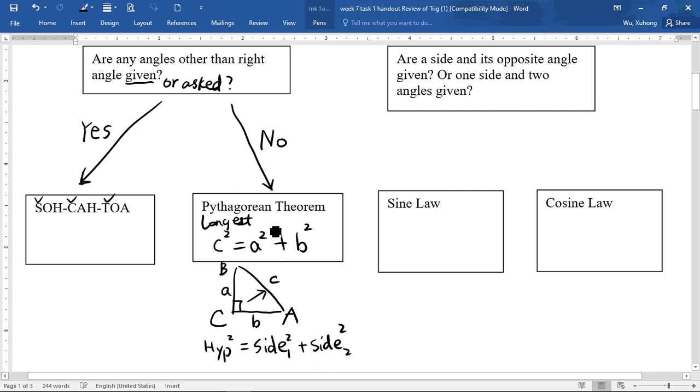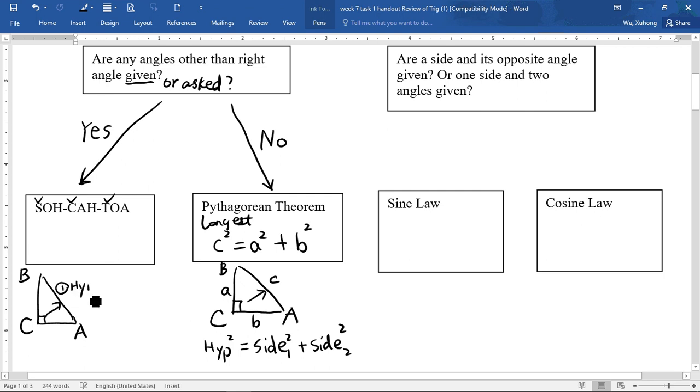So for this one, no angles are involved. And SOH-CAH-TOA is for when you are looking for an angle or an angle other than the 90 degrees is given, you could use SOH-CAH-TOA to find the other side or other angles. So if we label this one A, B, then when you are using SOH-CAH-TOA, always label the hypotenuse first.